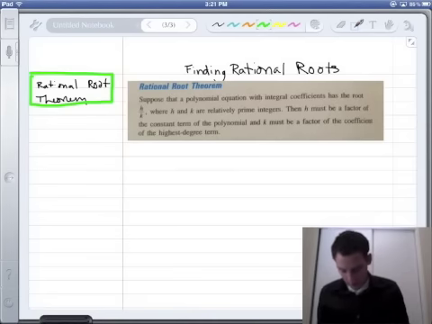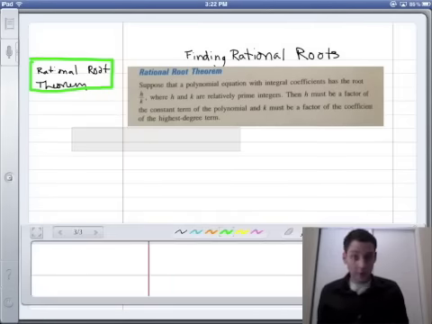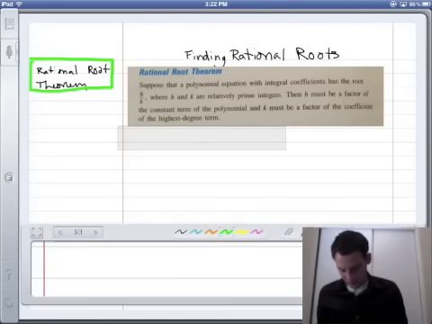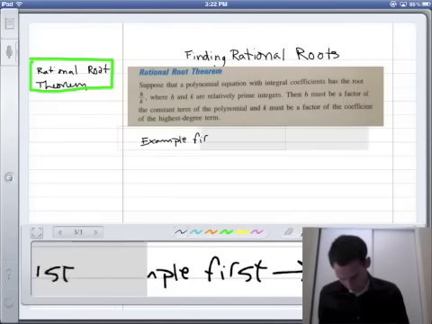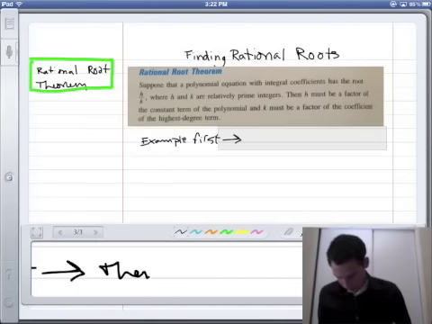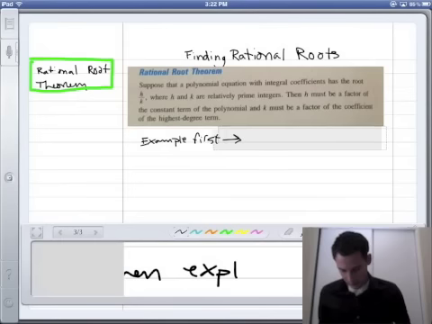First will come the example, then the explanation, because it's kind of weird to explain without an example. So example first. Then explanation.